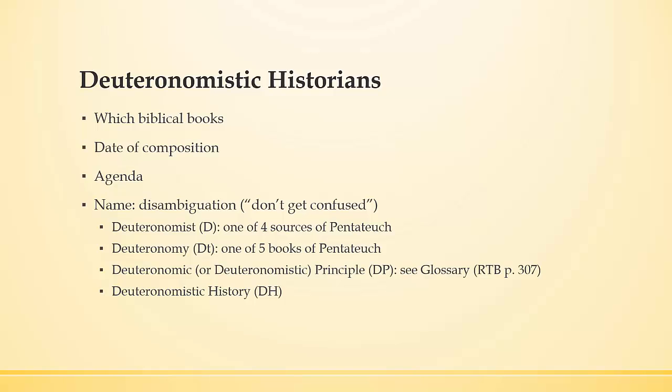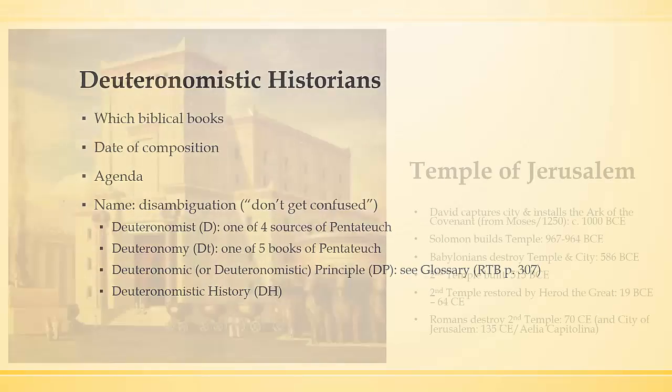Finally, the DH, the Deuteronomistic history, which are those particular books of the history of Israel referred to as the Deuteronomistic history because they follow the Deuteronomistic principle. So we'll be seeing more of these terms in today's class.